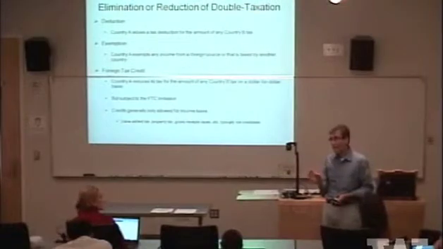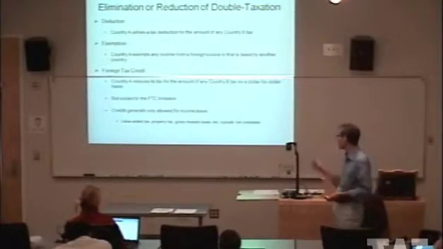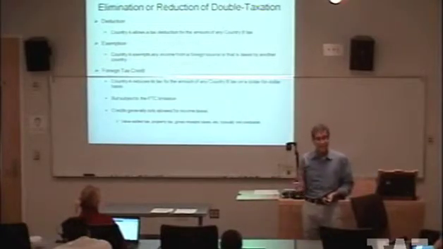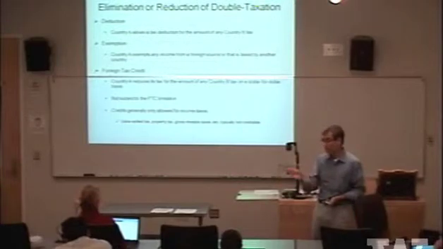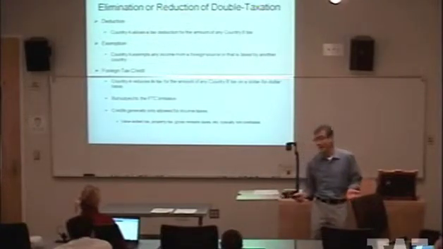Other types of taxes, gross receipts taxes, value-added taxes, property taxes, these other things are typically not creditable by various countries. And yes, you find all sorts of rules in the U.S. as to how to tell what a creditable tax is.